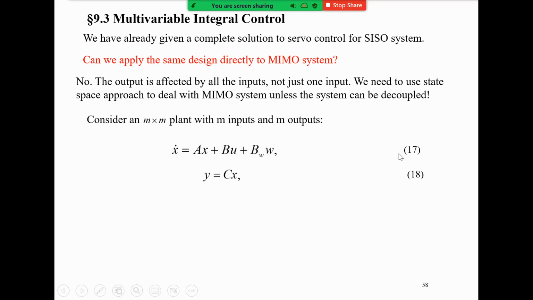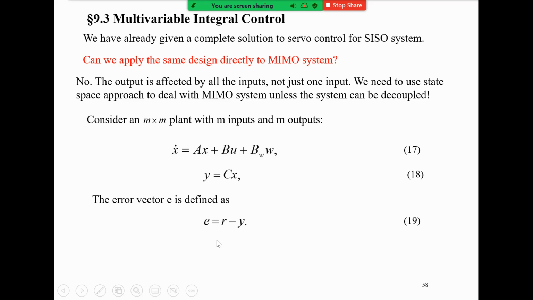Therefore, we have a system. Given now we are looking at the standard state space equation. So you have this ABC, but in addition to ABC, we also include the influence of the disturbance, BW here. Okay, we define our error vector.